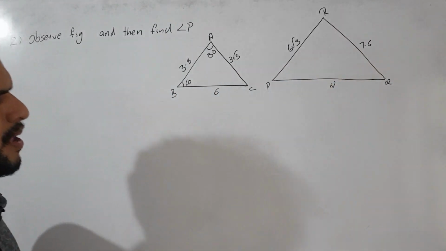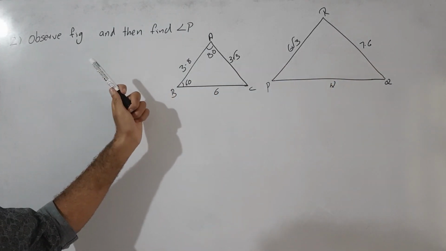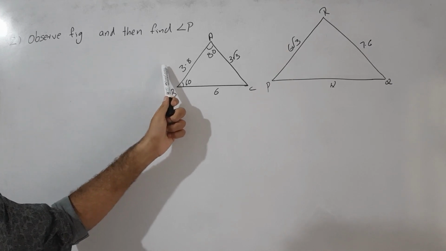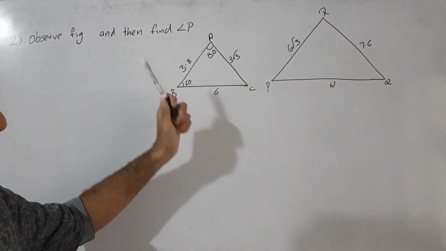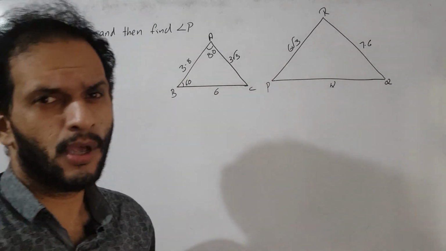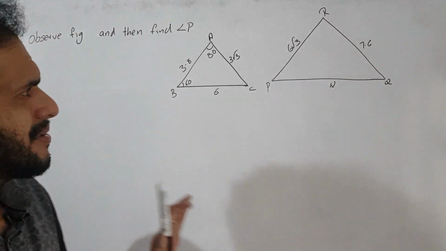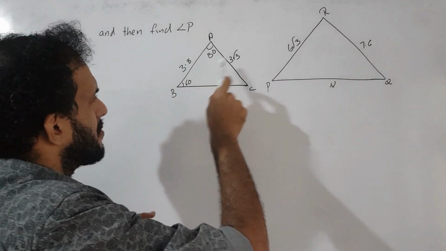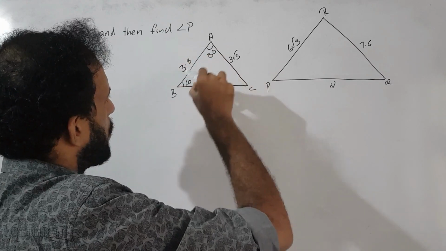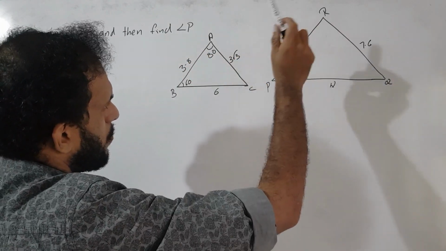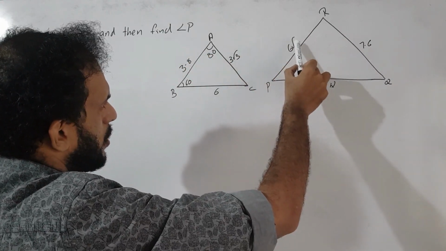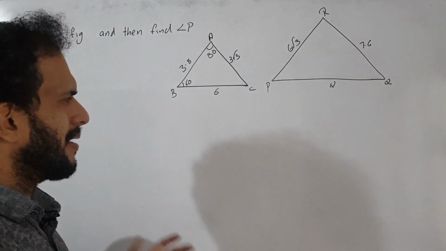That is the only chance. It's not possible to work based on 3.8 and 6 root 3, and 3.8 and 12, like that. So if the triangles are similar, 3.8 is corresponding to 7.6, 3 root 3 is corresponding to 6 root 3, like that.